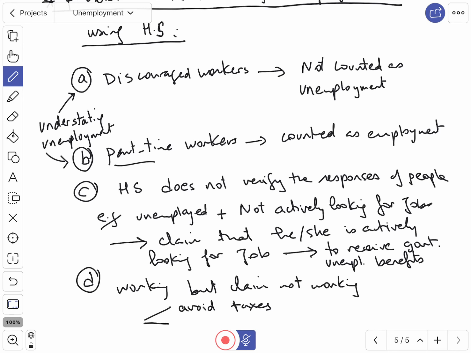And some others are working in illegal work. This is part of the underground economy that we were talking about in one of the GDP videos. Okay, so the underground economy.